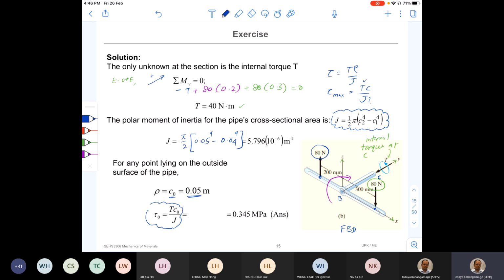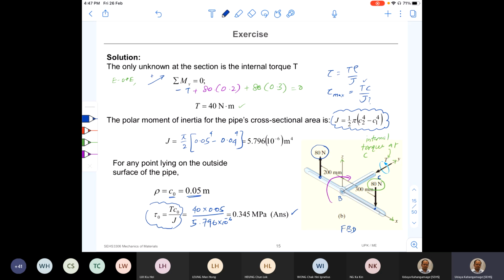T is 40 Newton meter and c_o is 0.05, divided by J, already found, 5.796 times 10 to the power minus 6. You get this answer. So this is the shear stress at the outer surface.